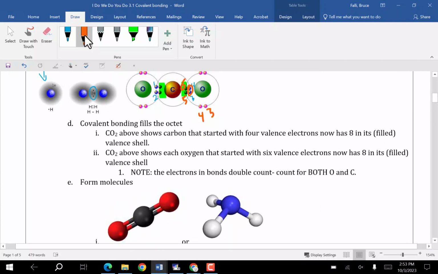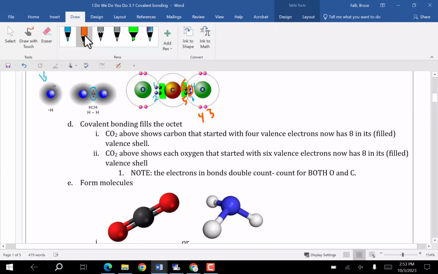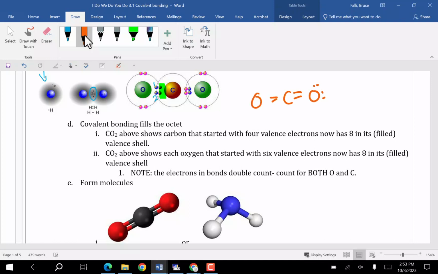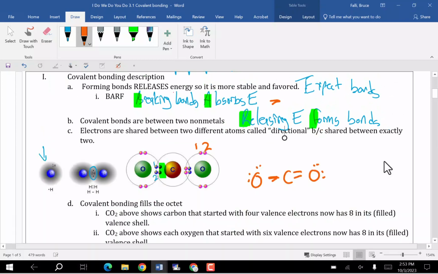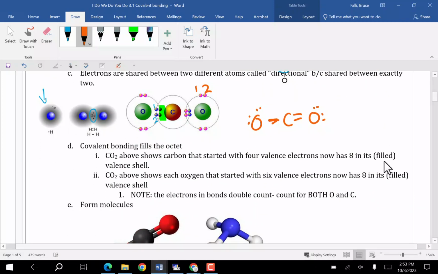Electrons in a double bond count for both oxygen and carbon. So I'm going to draw this a little bit differently. I'm going to do a CO. Remember, these bonds, let me erase it and put it a little prettier, are really 4 electrons.